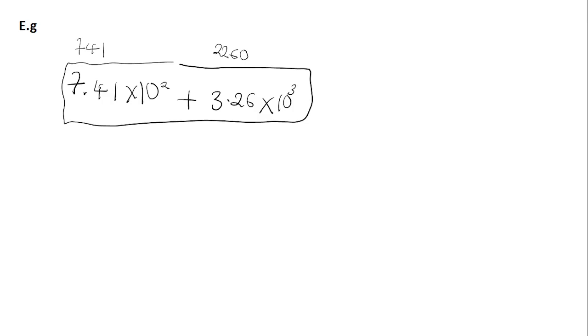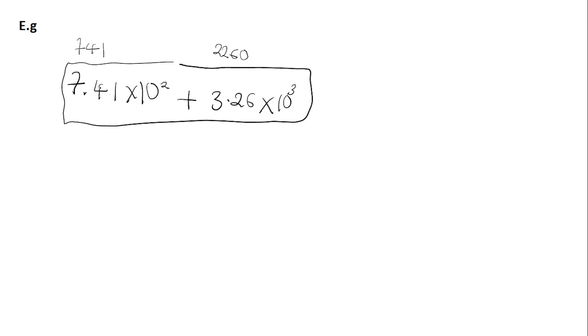So you can change either of them. If you want to make this 2 become 3, then the decimal point has to move to the left.